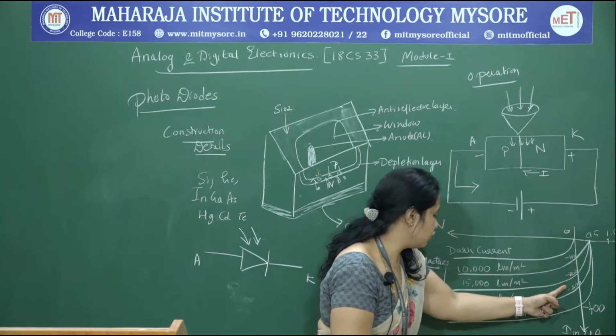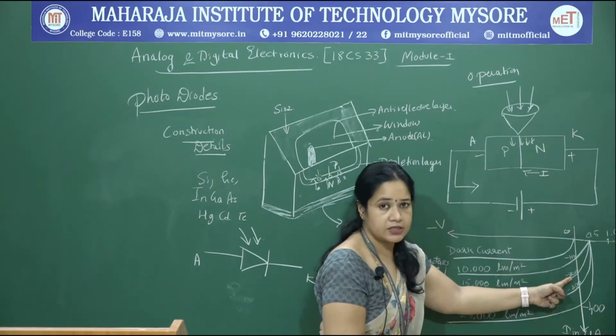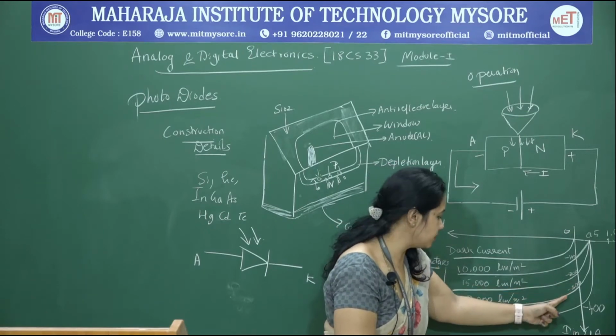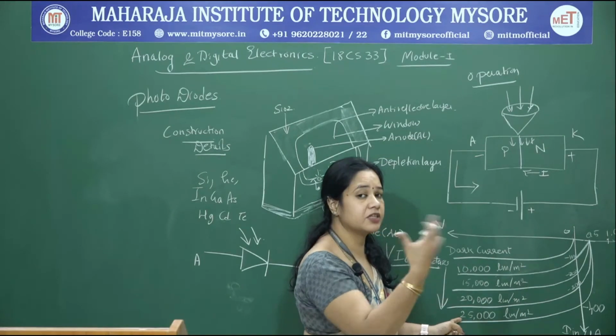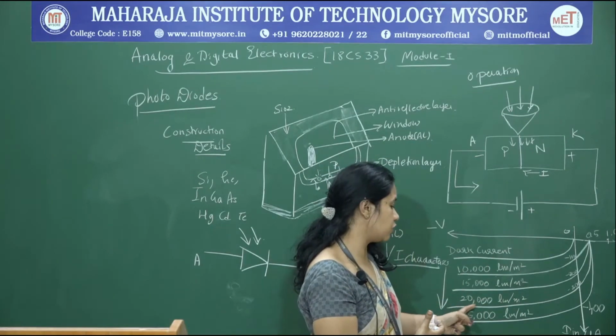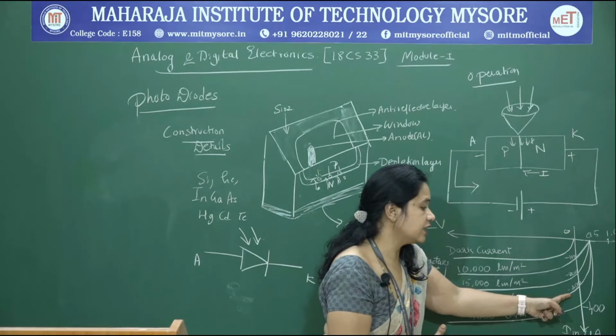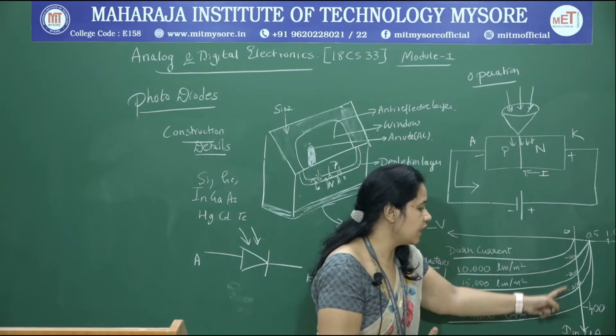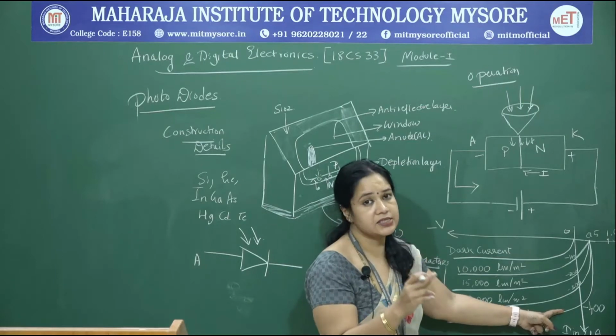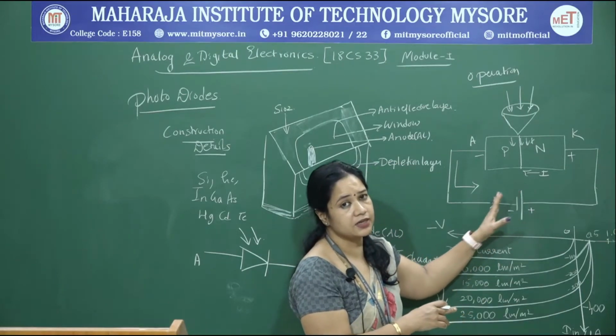When you increase it to 15,000, the current increases to 200 microamps. And when you further increase the intensity of light to 20,000 lumens per meter square, the current in the circuit increases to 300 microamps. We designate them as negative to indicate that it is a reverse current.